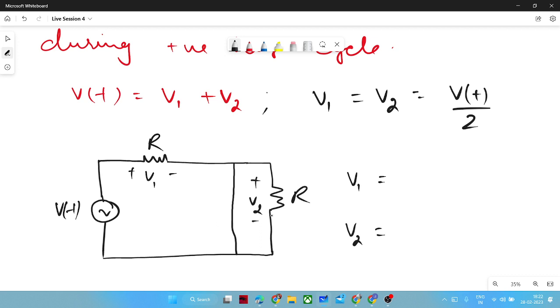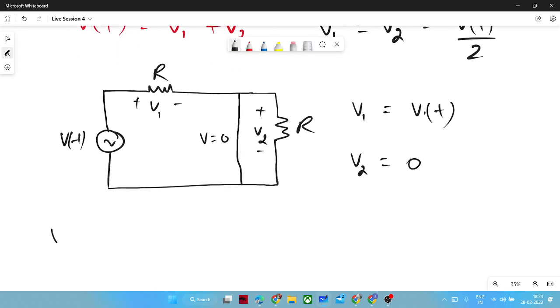Right, so V2 would be 0, since this is short circuited, so the voltage here will be 0 and all the voltage will be dropped across this resistor, right? So V1 would be equal to VT. Now we have the expression of V1 and V2 for a whole cycle, right? Whole one cycle.